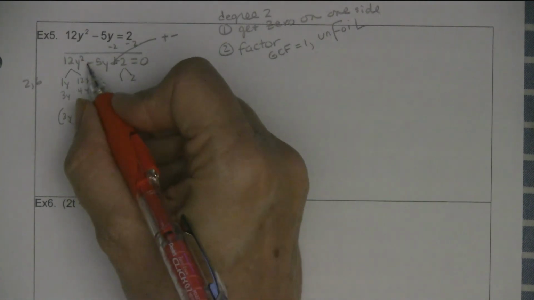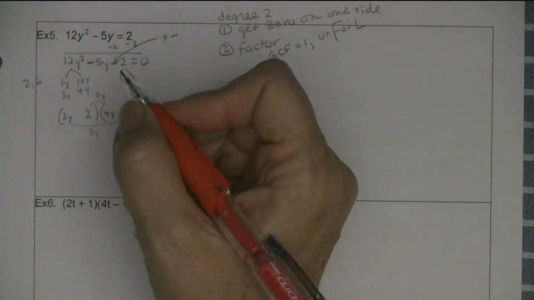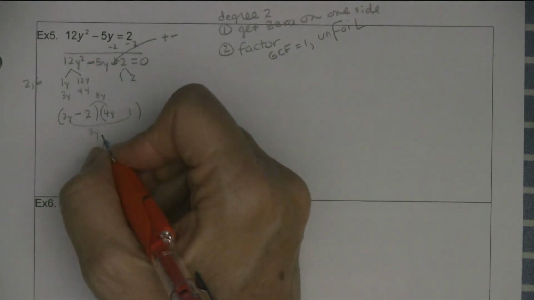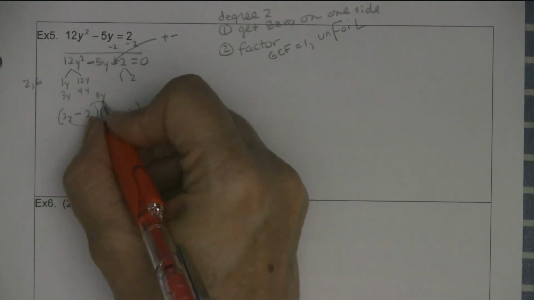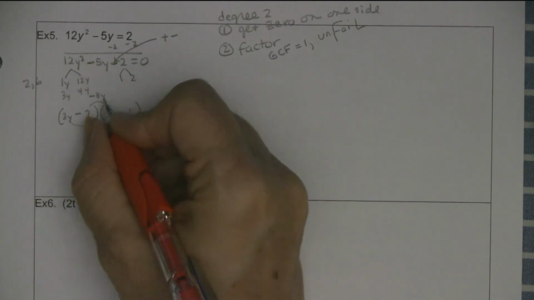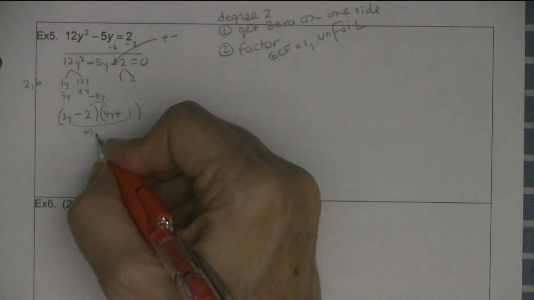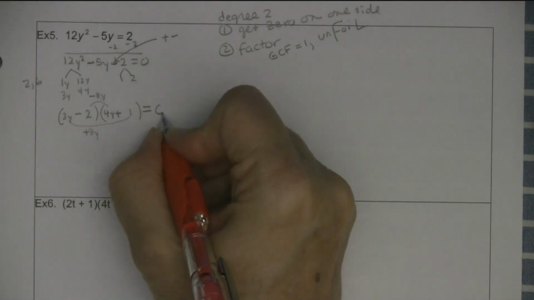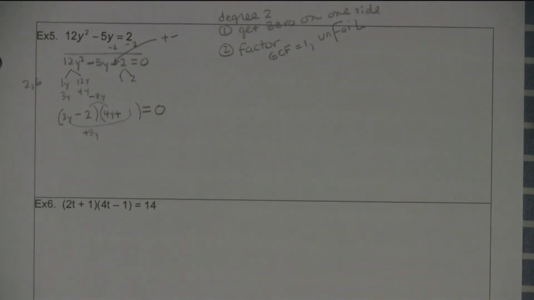And I want the bigger one to be minus because of the 5 in the center. So I have to have this be minus so that I get the subtract on the 8y, and this be a plus so that I get the plus on the 3y. So that when I put those together, I get negative 5y. So I got that factored. If you're having trouble factoring these type, always come and see me. I'll help you, and we'll get you going.